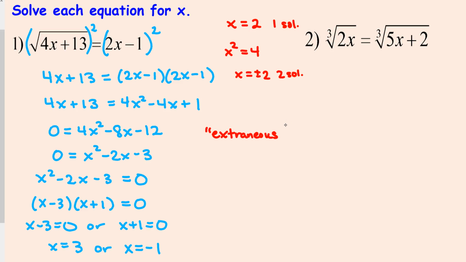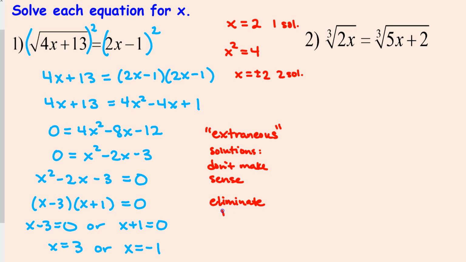Sometimes it's a story problem and they just don't make sense in that problem, or in this case, if you square both sides, you might end up with something that doesn't make sense in the original equation. So you have to eliminate them.